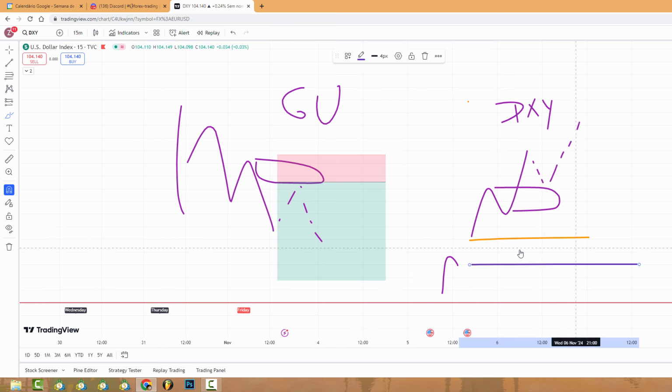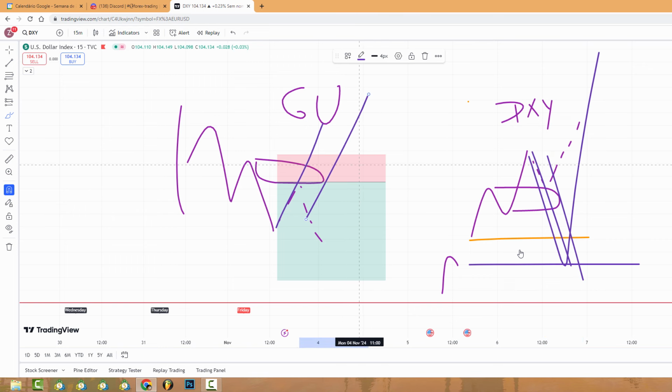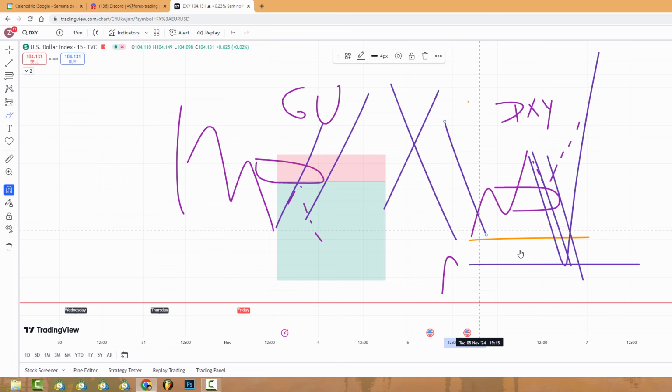So if there's a massive gap behind, the DXY will just come down and maybe go your direction. But because it's gonna do this, maybe GU is also gonna do this, because if the DXY comes down, GU must come up. If the DXY comes up, GU must come down, EU must come down.